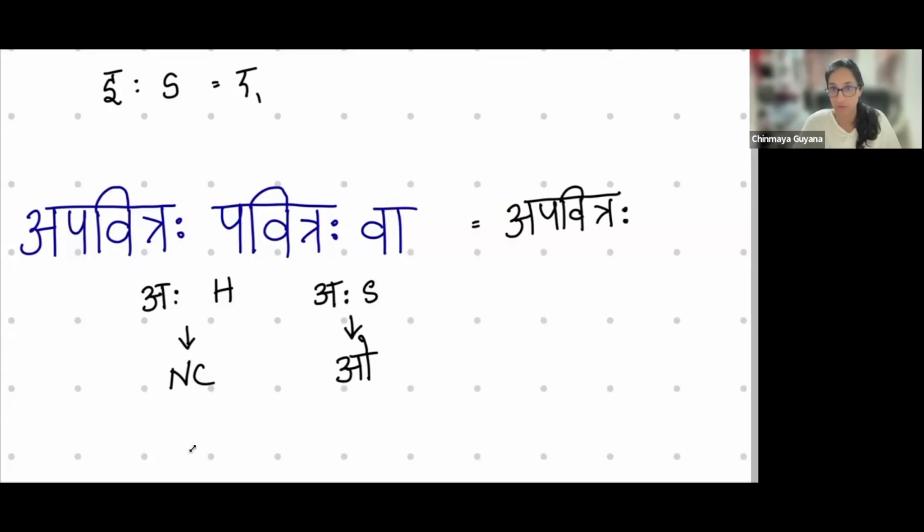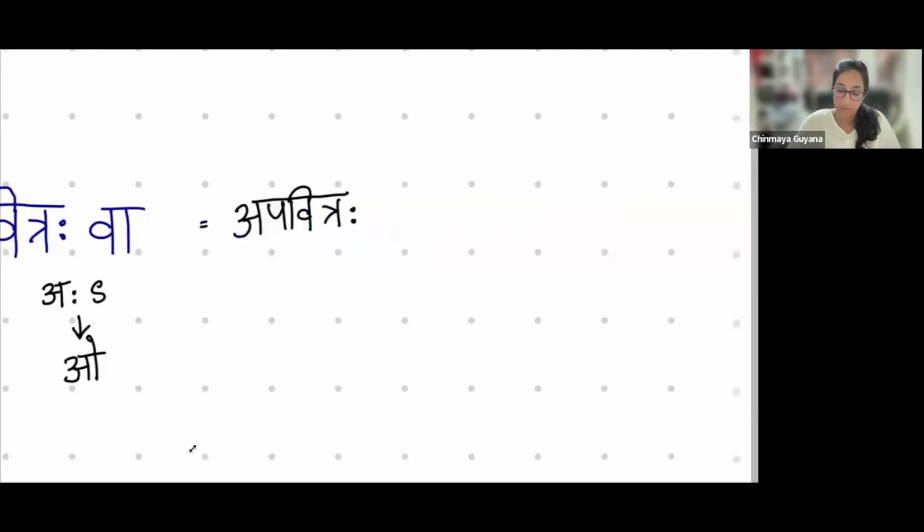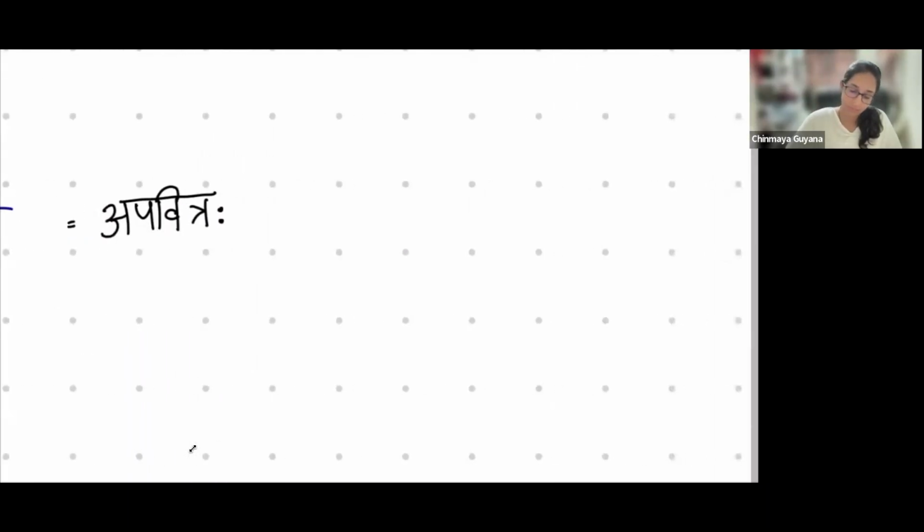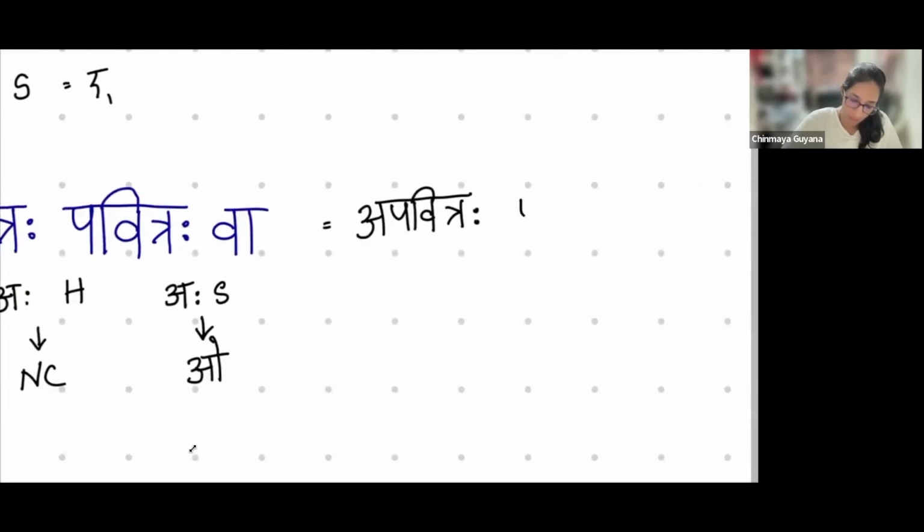So visarga is going to show up just like that. Then O. Pavit, visarga going to change into O. Pavitro. And va will be written like that. Apavitra, pavitro, va. Sarvavastham gatopi va. Okay.